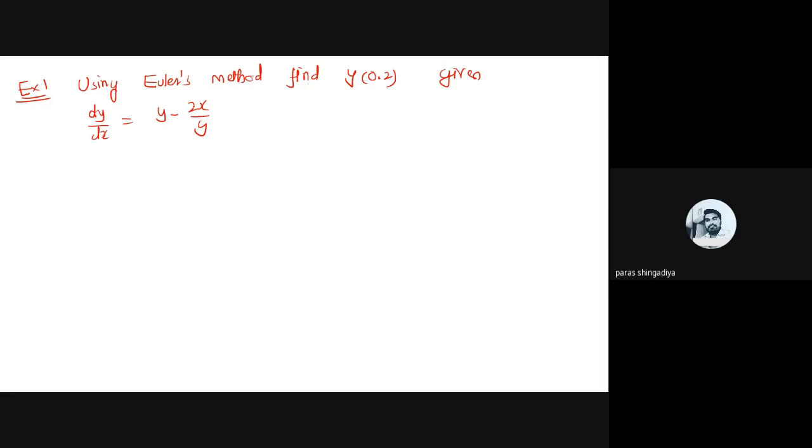This is your function, with the initial condition y of 0 is equal to 1 and with step size h is equal to 0.1. So this is the data.